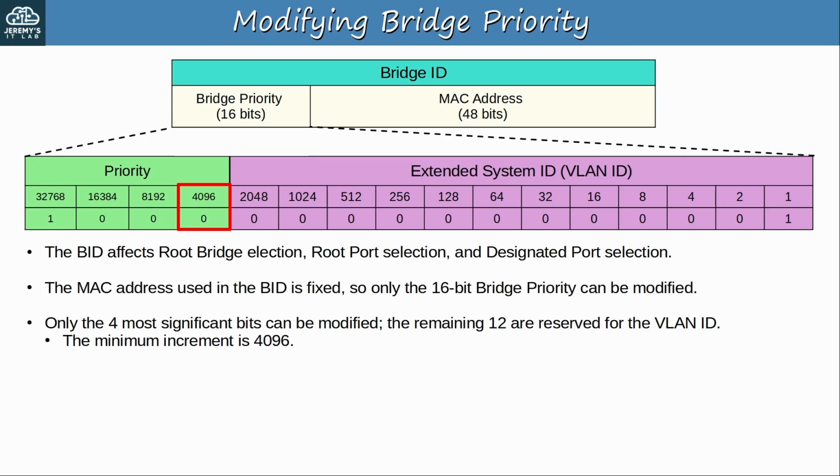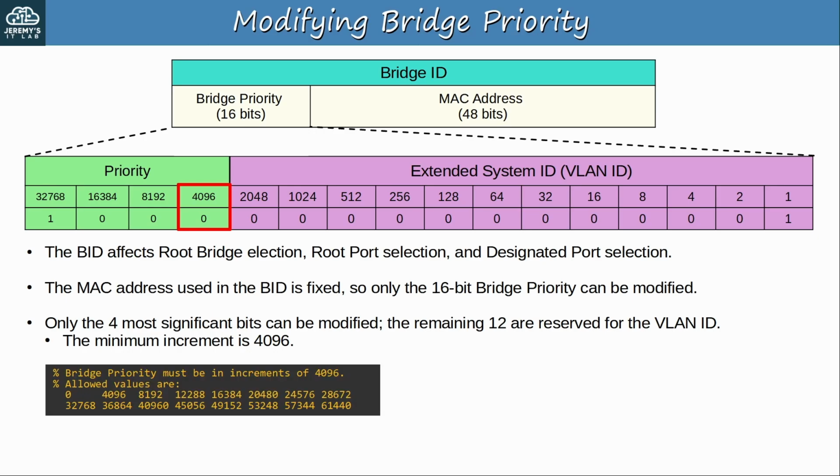Therefore, the minimum increment in which you can configure the bridge priority is 4096. That's the value of the least significant bit that you can configure. If you try to configure a bridge priority that is not an increment of 4096, Cisco IOS will display this error message with a list of allowed values.